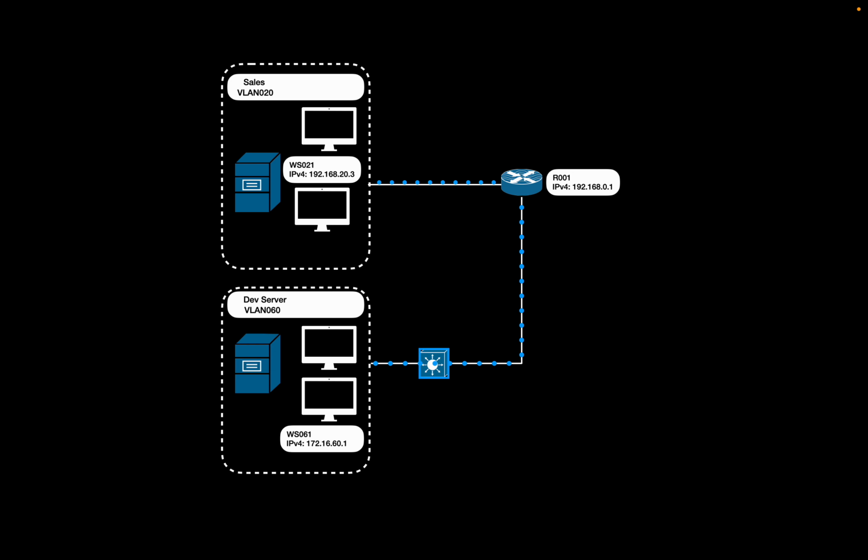So also we have the dev server with a client that is 172.16.60.1. So what is common here is the 60 and the 20 for the VLANs in regards to the number of the VLAN and the third octet of the IPv4 address for the clients situated on that VLAN.